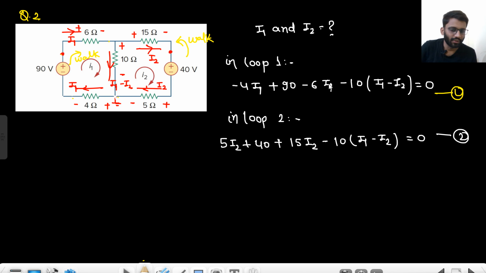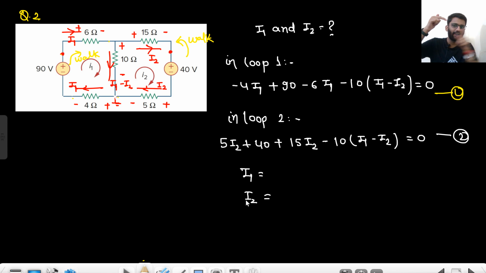So you can solve equations 1 and 2 on your own, right? Two equations and two variables, and then you will get the values of I1 and I2. I will just write down the final values. So I hope you have got the concept. We just noted down the current direction. When you become comfortable with these kinds of problems, you will not need to draw any current; in the air only you will be able to see the currents.